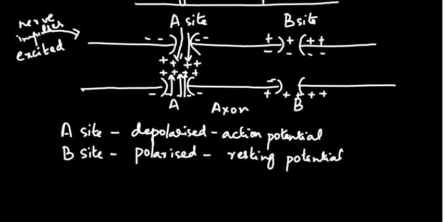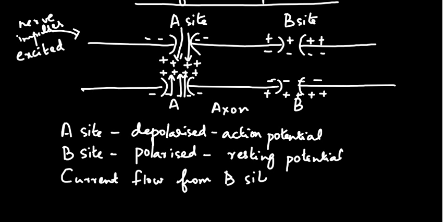Now when this happens, there is a difference between the charges of the A site and the B site. So, like an electric circuit, there will be current flow.